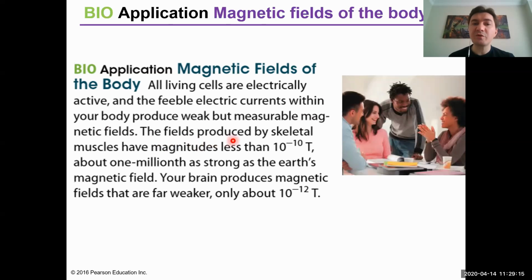The fields produced by skeletal muscles have magnitude less than 10 to minus 10 Tesla, and our brain produces magnetic fields that are far weaker, only about 10 to minus 12 Tesla. So there are many efforts to measure such small magnetic fields by using magnetic field sensors. This is a very active research area in physics, also in material science.